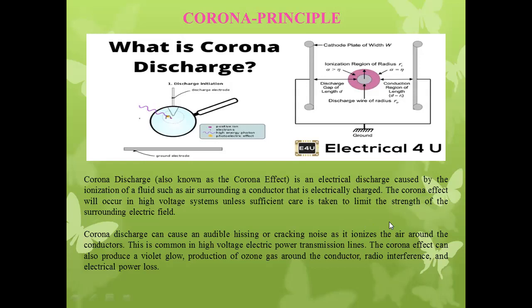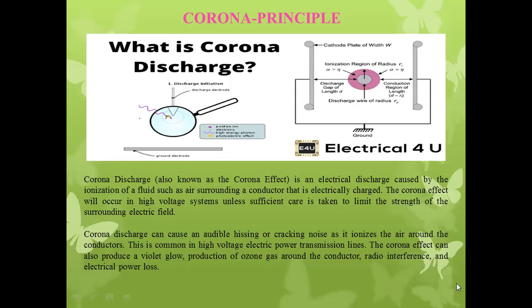Corona discharge can cause an audible hissing or cracking noise as it ionizes the air around the conductors. This is common in high voltage electric power transmission lines. As I said earlier, electrical corona discharge will occur in high voltage transmission lines, which is sufficient to ionize the air surrounding the live conductors.